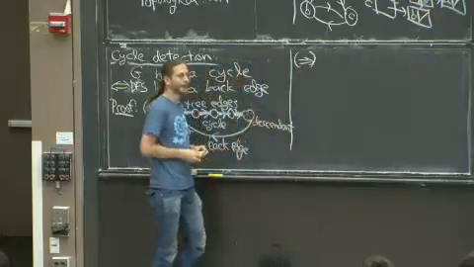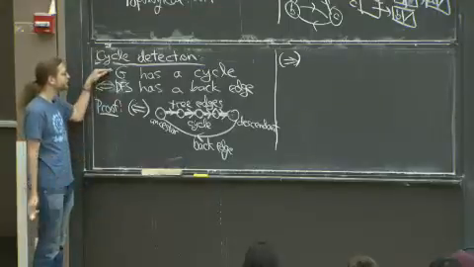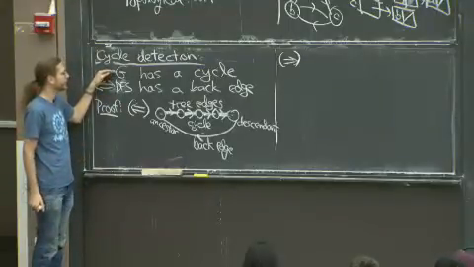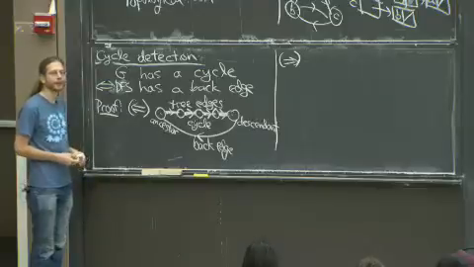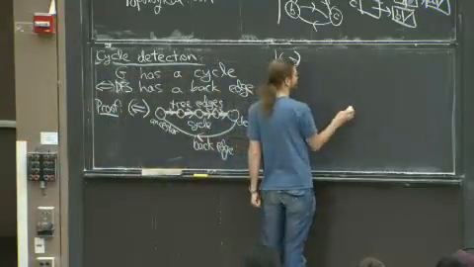The other direction is also not too hard, but I would hesitate to call it easy. Any suggestions? If I know there is a cycle, how do I prove that there's a back edge somewhere? Think about that. Let me draw a cycle.